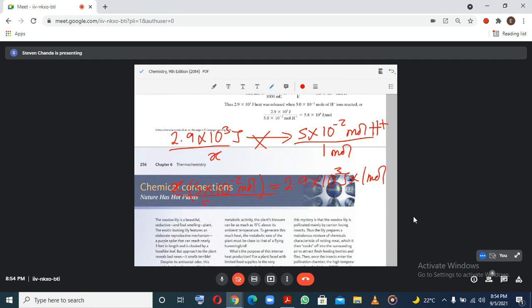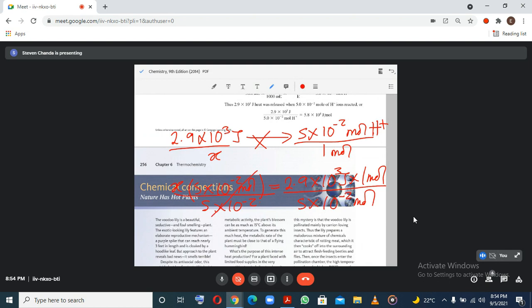So I just wanted to show you why they divided what they divided there, right? That's why I've used this, so that people can see what they really divided. Those are the moles.